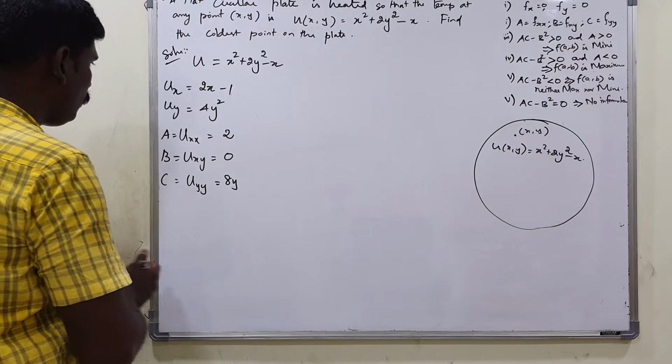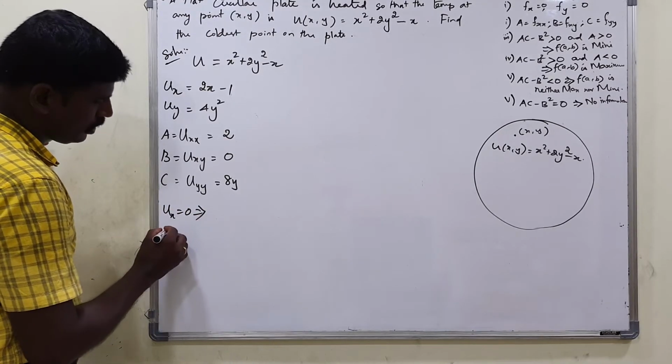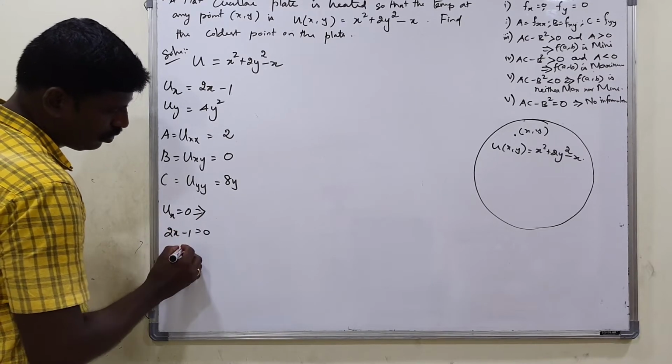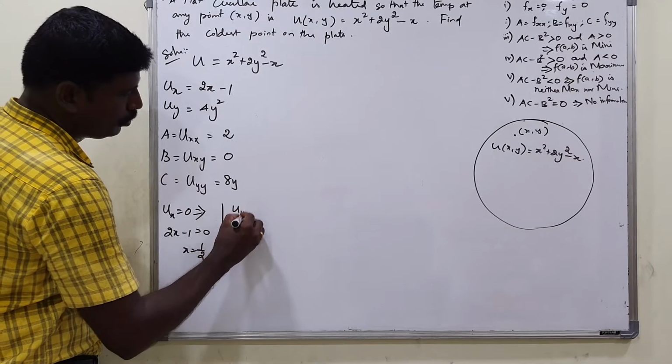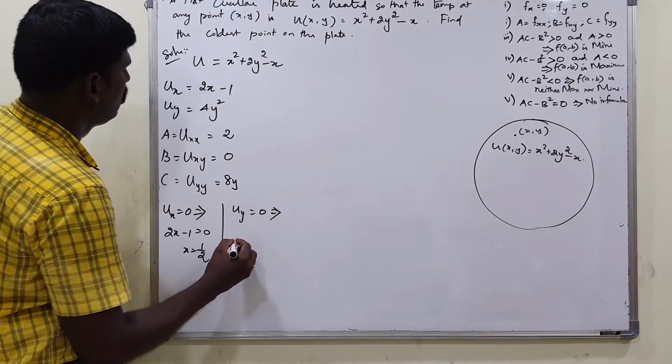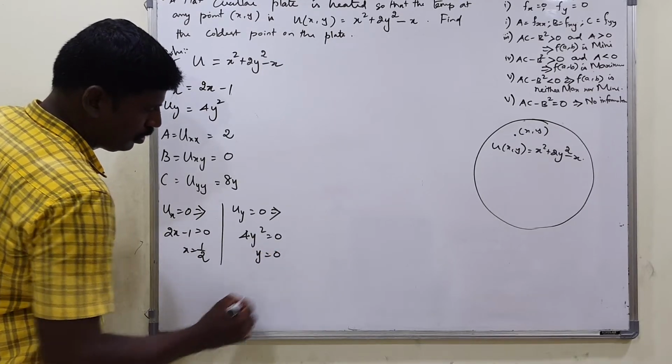Okay. So ux equal to 0 implies what you get? So 2x minus 1 equal to 0. So x equal to 1 by 2. Same like that, uy equal to 0 implies, what is uy? 4y equal to 0. So what? Y equal to 0.